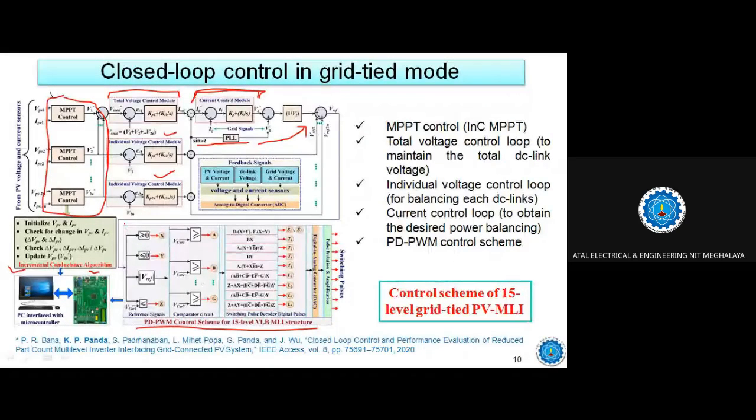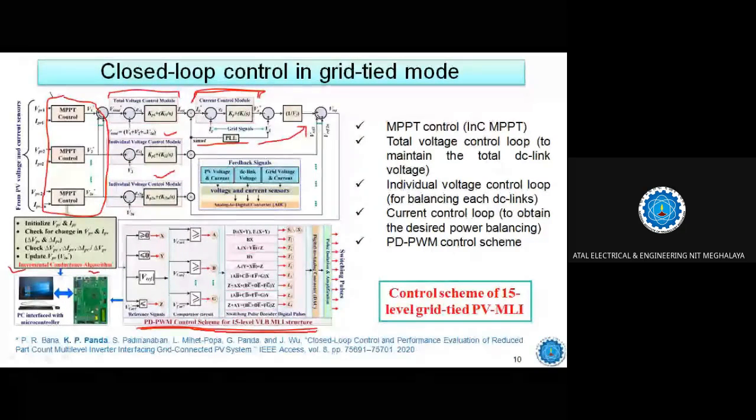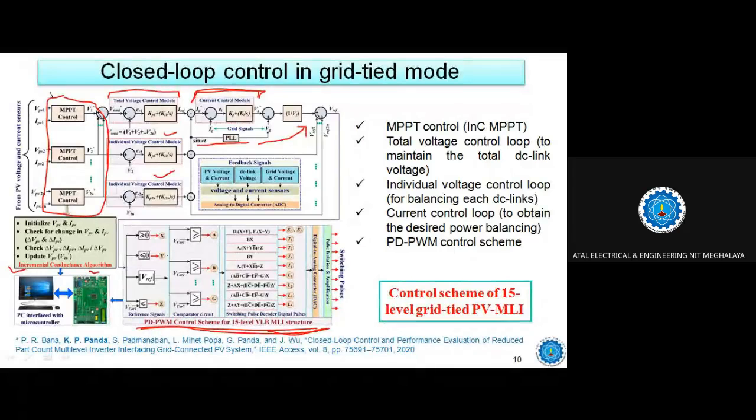So in the below box, you can see I have highlighted that a phase disposition PWM control scheme is used here. This PWM control might look complex to you for a 15-level inverter, but you can implement it very easily once you understand how to implement the logic in real time.